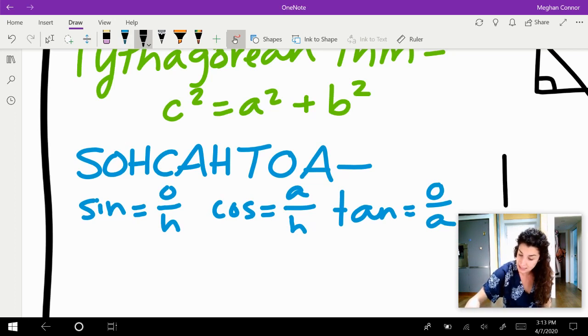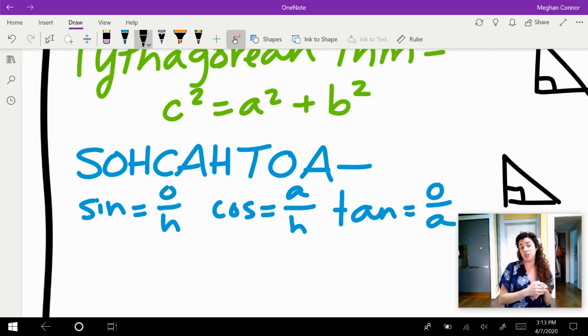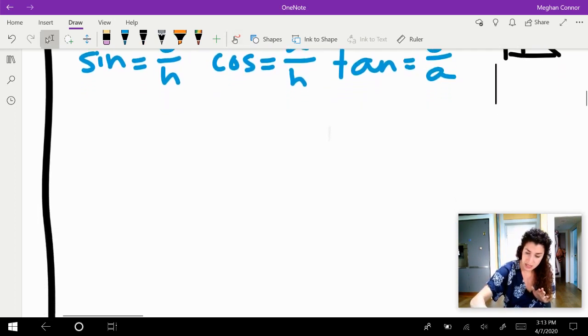This again is only for right triangles. You can use it to solve for angles, or you can use it to solve for side lengths. If we use it to solve for angles, we just have to make sure that we're using our inverse trigonometry at the end of the process. But those are formulas that we've learned.